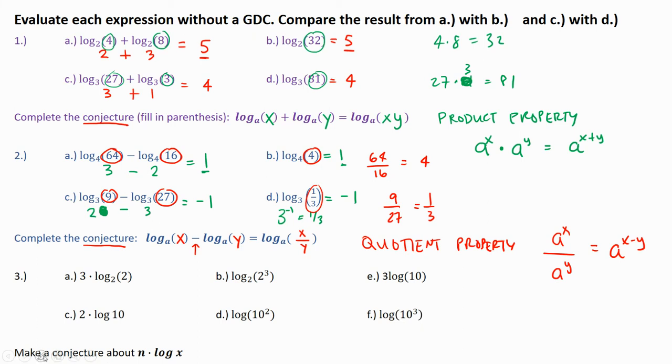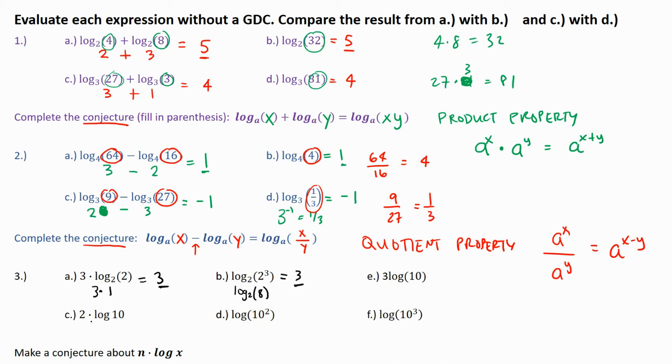Okay, last one. 3 times log base 2 of 2. Well, log base 2 of 2 is 1, and then 3 times 1 is 3. Okay, and then this expression, log base 2 of 2 cubed, 2 cubed is 8. So if I rewrite this as log base 2 of 8, then I say 2 to the what power is 8, and that's also 3.